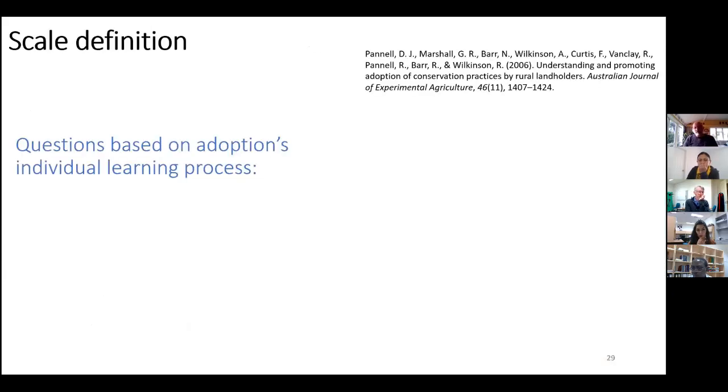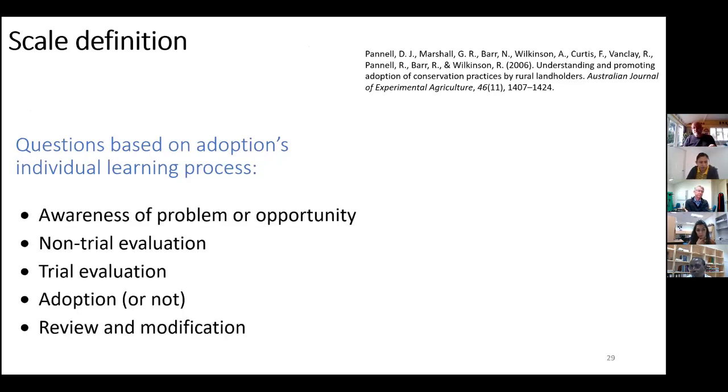Well, then I'm going to touch on what was different about this study from previous ones, and that is basically using a set of questions to determine adoption, not as a binary decision, but as an adoption process.